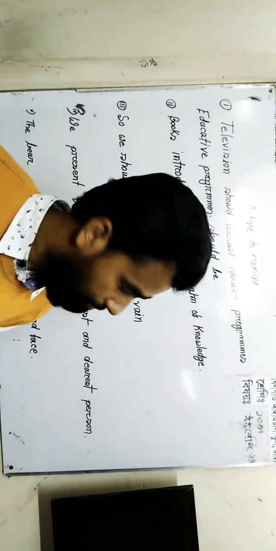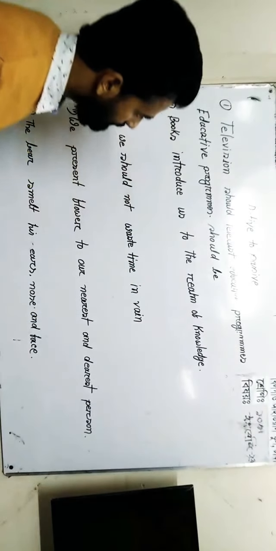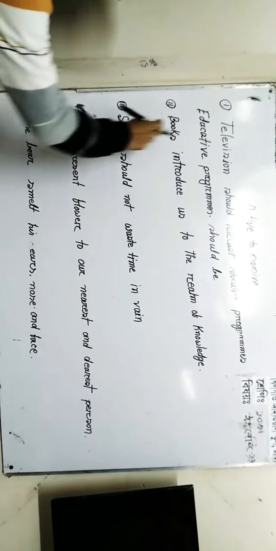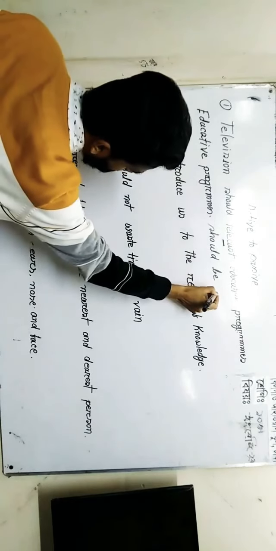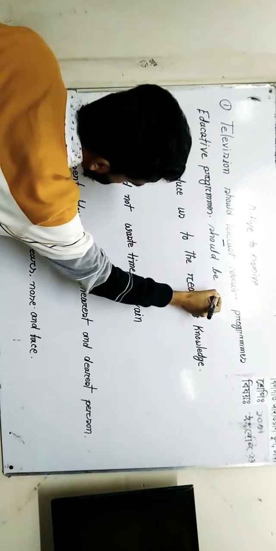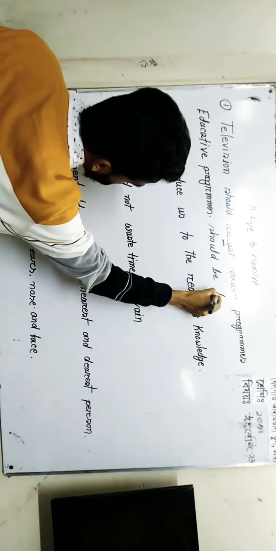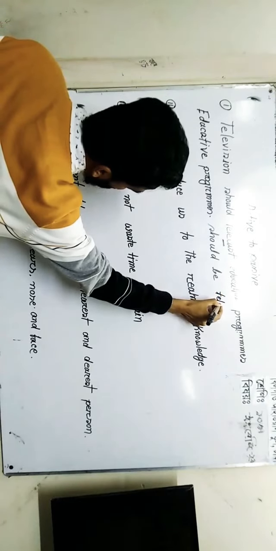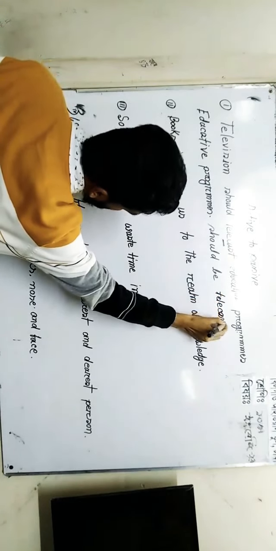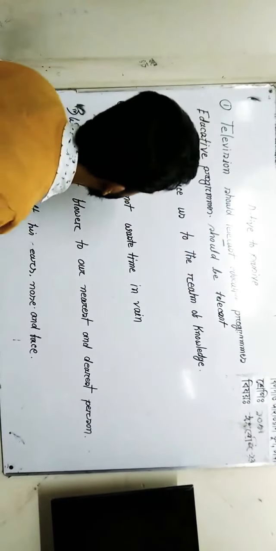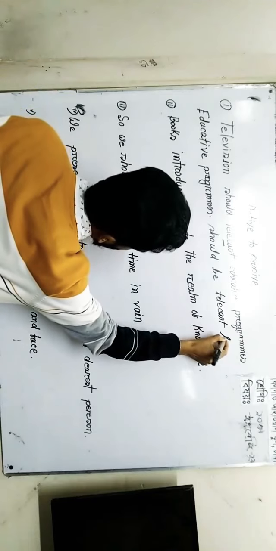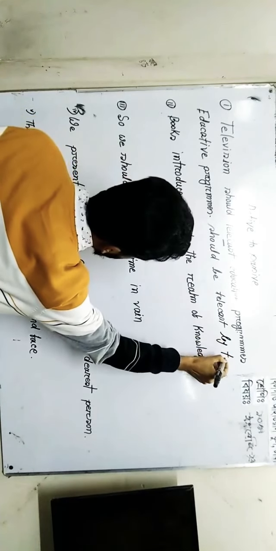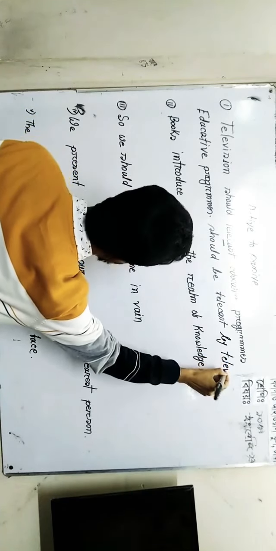Modal auxiliary: should be, can be, could be, might be. These are the rules. Television program should be, same word, telecast. Television program should be telecast by television.